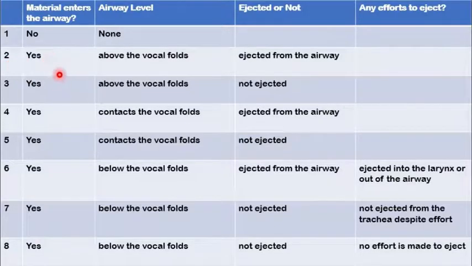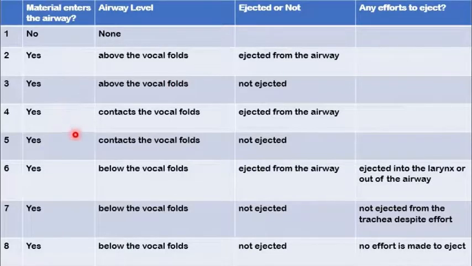In 2 and 3, the aspirate material remains in the supraglottis above the level of the vocal cords. In number 2, the material is ejected after it penetrates into the supraglottis. In number 3, it is not ejected because there is a failure of the sensory element of the supraglottis, the superior laryngeal nerve.